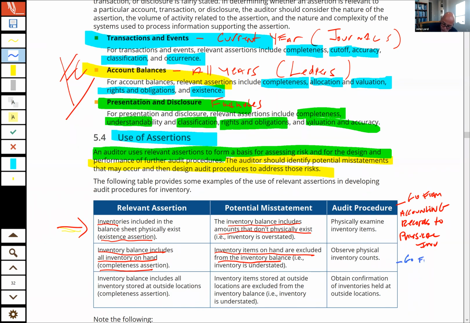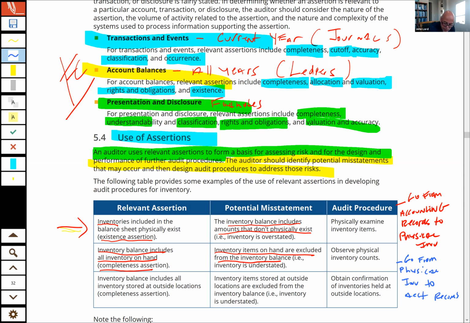Go from physical inventory to accounting records. It says accounting records. So now what? Okay, here's a stapler. Let me see if I can find, oh, there it is, stapler in the accounting records. I just proved the accounting records are complete because I found the stapler and I came over here.